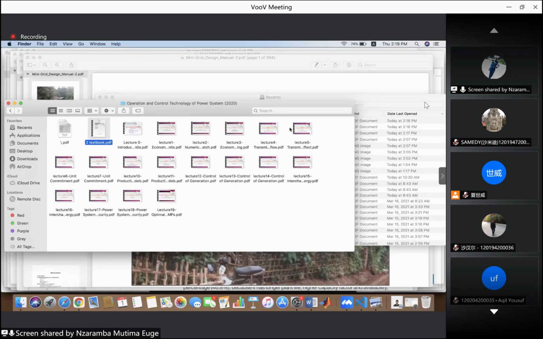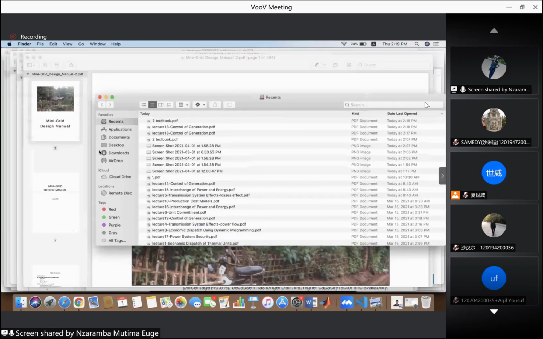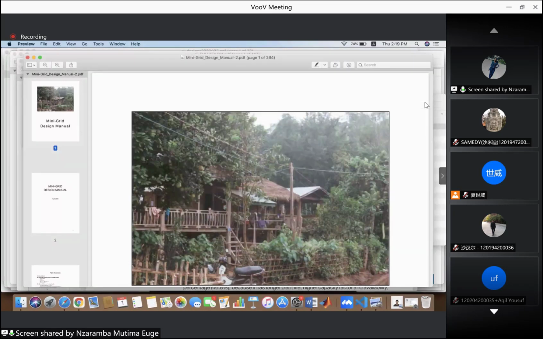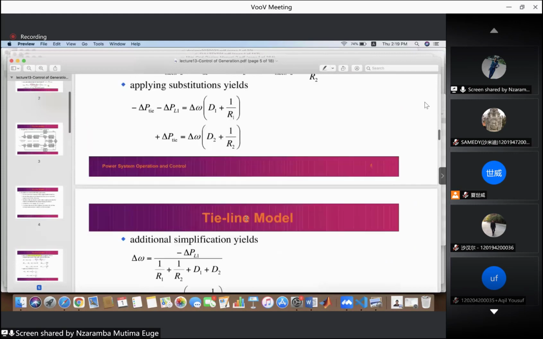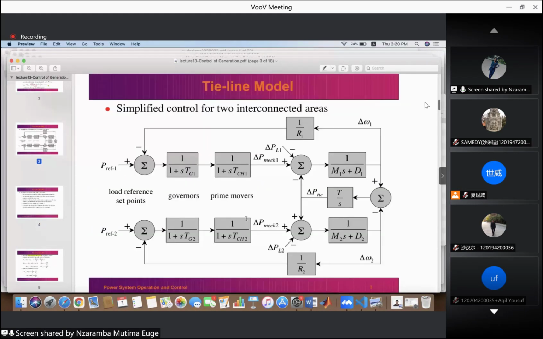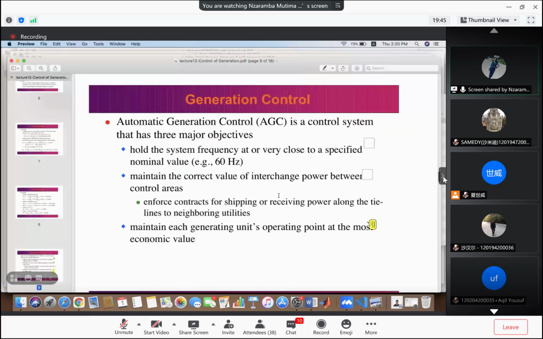Yes, just close it and open again. But first close the PDF file, then you will see the VooV Meeting. Please close the PDF file and now open it. Okay. I think it's okay now.